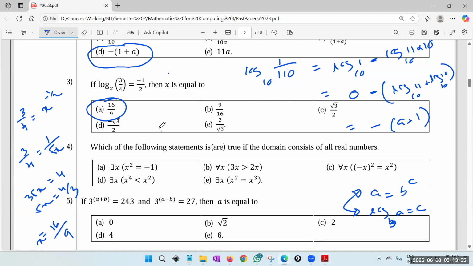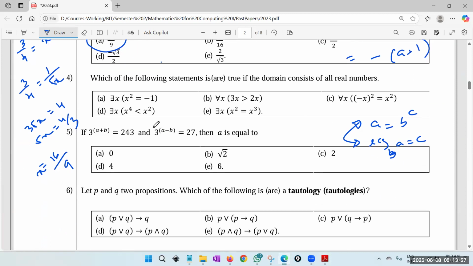Yes, 3A. Fourth one. Which of the following statements are true if the domain consists of all real numbers? All real numbers. This says there exists an x, that means at least one real number where x squared equals minus 1.